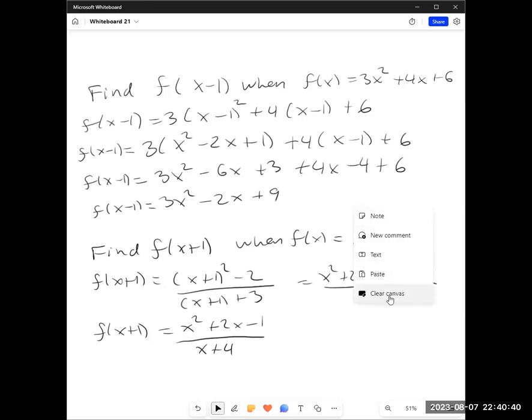We've got just a few more here. Now we want to find what f of 2x is when f of x is equal to 2x squared minus 5x minus 5.